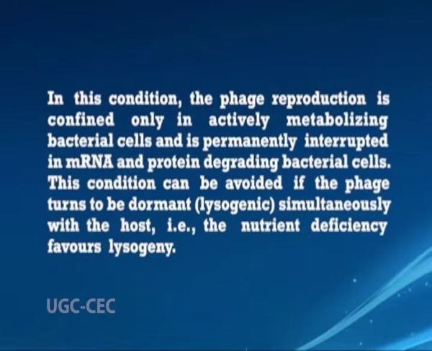Bacteria enter dormancy in a phage-infected culture that becomes nutrient deficient, and they degrade their own messenger RNA, that is the mRNA, and the protein. In this condition, phage reproduction is confined only to actively metabolizing bacterial cells and is permanently interrupted in mRNA and protein degrading bacterial cells.